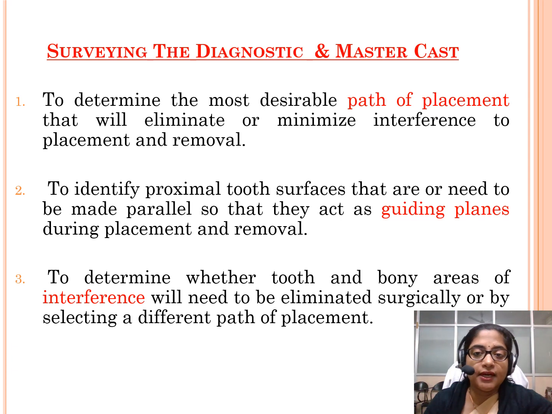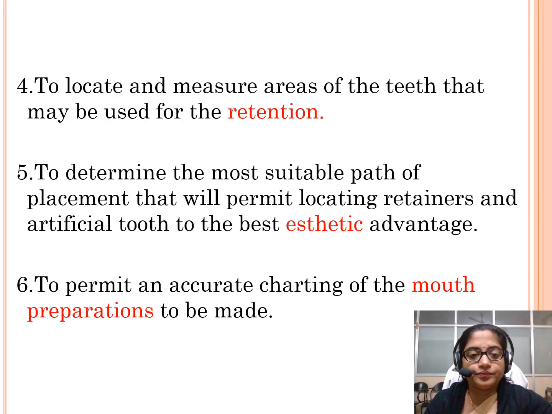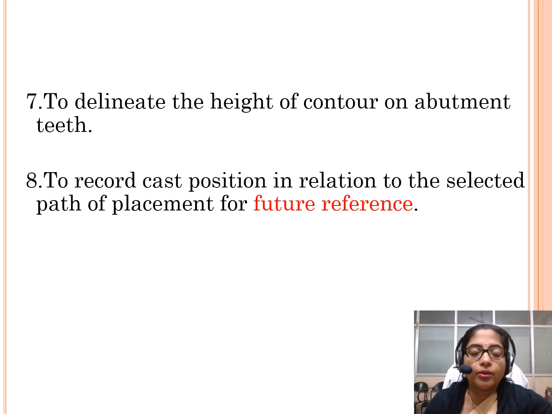Now coming to surveying the diagnostic and master cast: to determine the most desirable path of placement that will eliminate or minimize interference to placement and removal, to identify proximal tooth surfaces that need to be made parallel so that they act as guiding planes during placement and removal, to determine whether tooth and bony areas of interference will need to be eliminated surgically or by selecting a different path of placement, to locate and measure areas of teeth that may be used for retention, to determine the most suitable path of placement that will permit locating retainers and artificial teeth to the best aesthetic advantage, to permit an accurate charting of mouth preparations to be made, to delineate the height of contour on abutment teeth, and to record the cast position in relation to the selected path of placement for future reference. These are all uses of the dental surveyor.